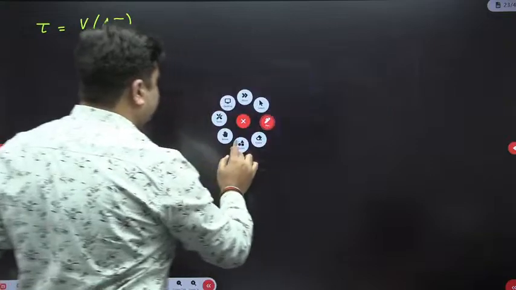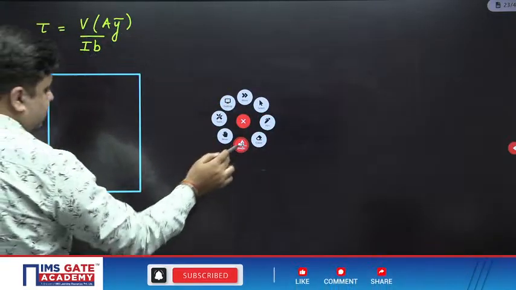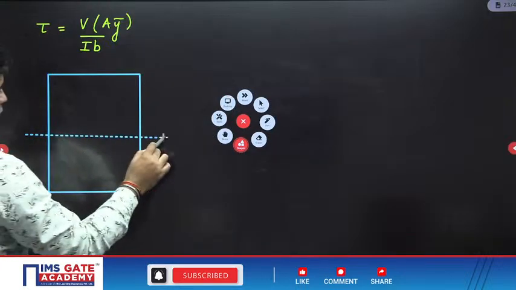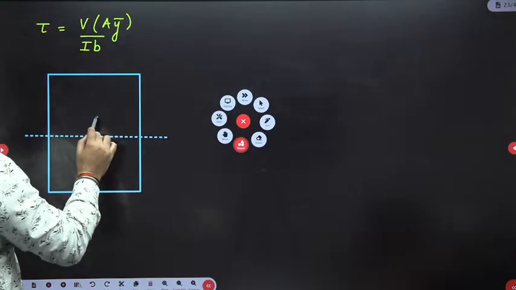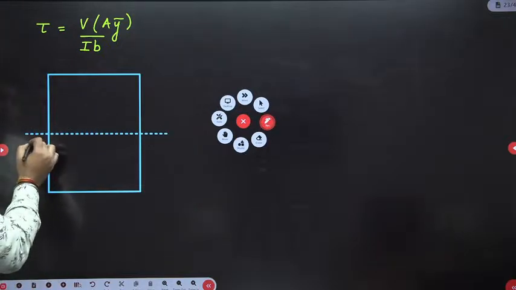For example, if this is my cross section and this is the neutral axis, it will always pass through the CG of the cross section.